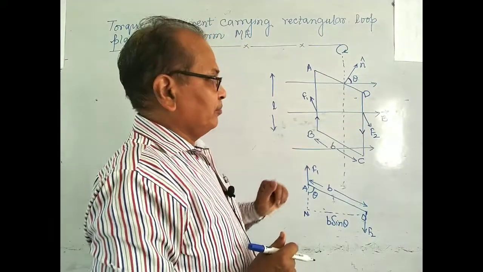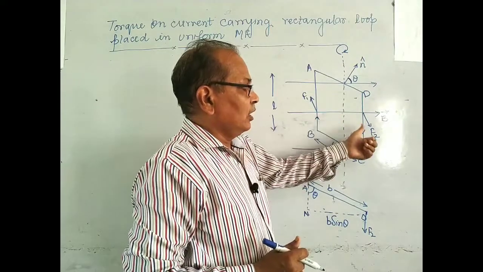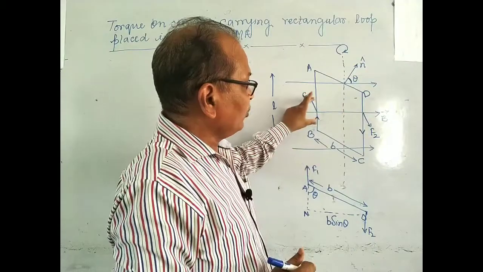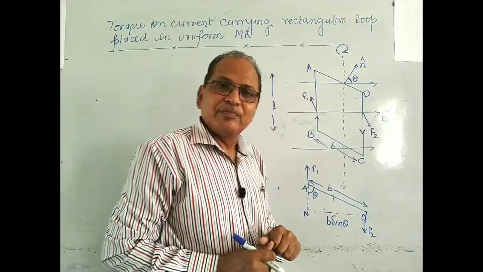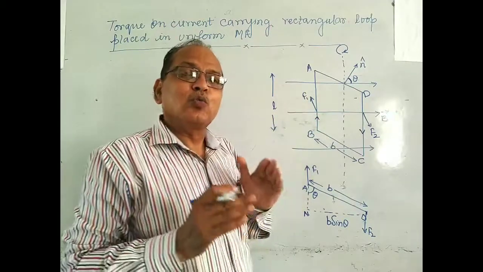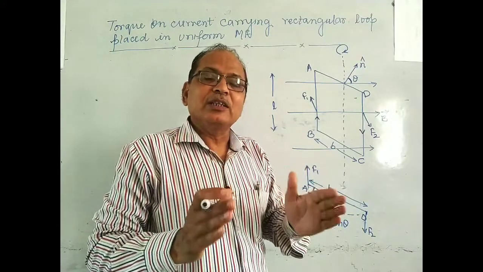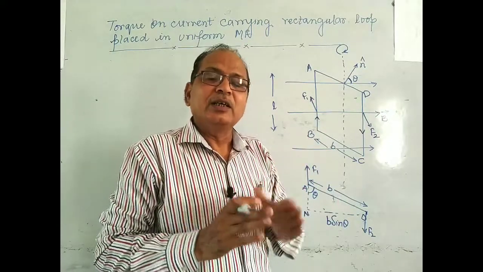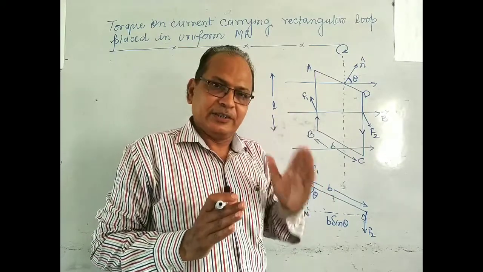You know well, these two arms are perpendicularly placed within the uniform magnetic field, length L and the magnetic field. So when a current carrying conductor is placed within a uniform magnetic field, it experiences force, which you studied earlier.